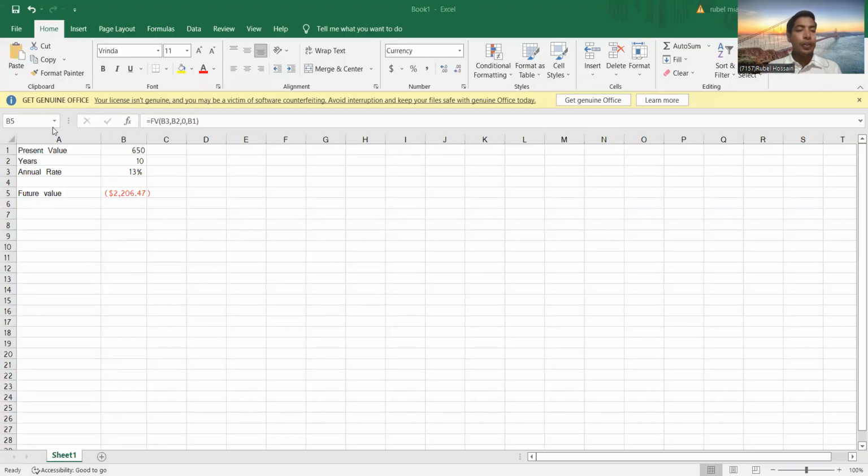So here you can see Excel and column A and column B. Before going to this topic, I want to say something about time value of money and the uses of Microsoft Excel in solving these financial problems. Basically, we know that computer is a part and parcel of our daily life.